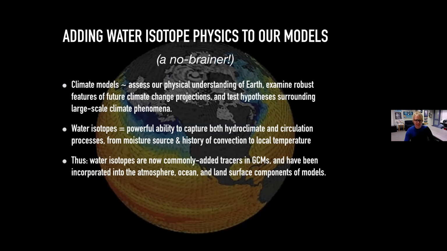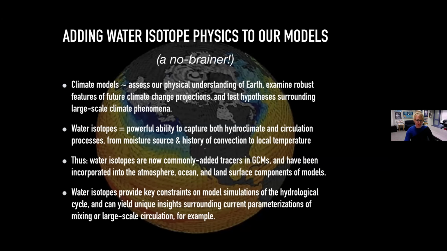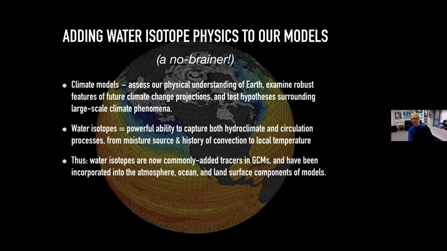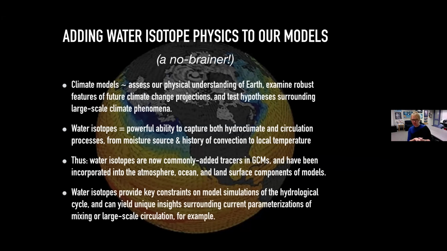And as we'll see today, I hope that I can convince you that water isotopes could provide key constraints on features of the hydrological cycle and the climate system at large that we still don't perfectly understand, and can help us improve our parameterizations in our models to improve our projections of the future.